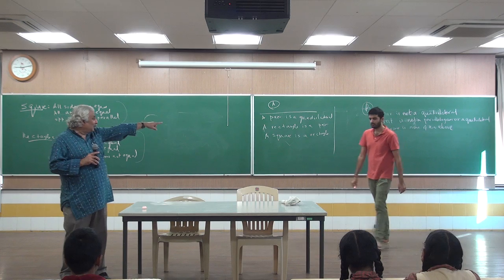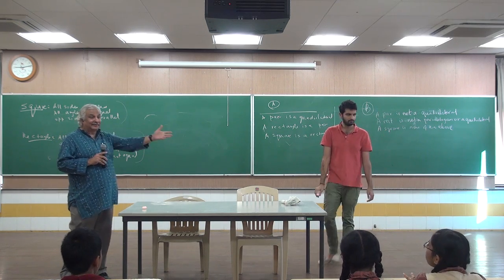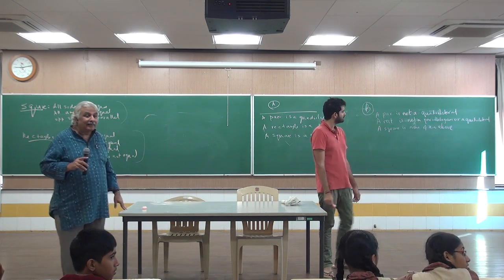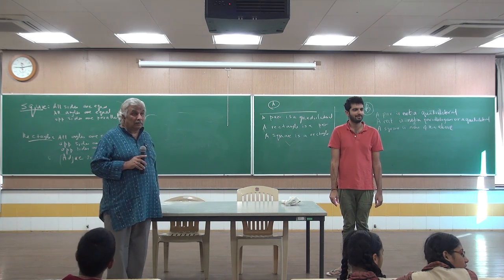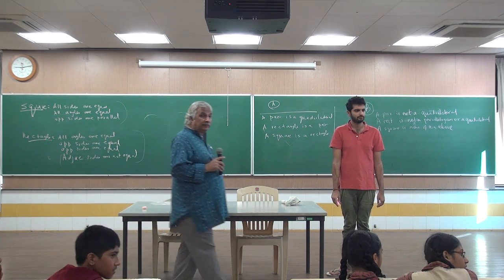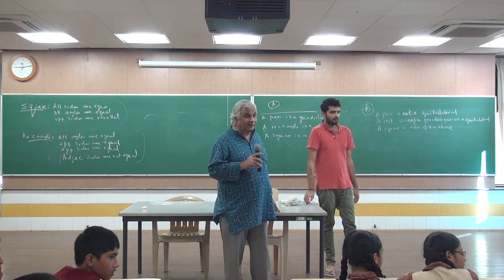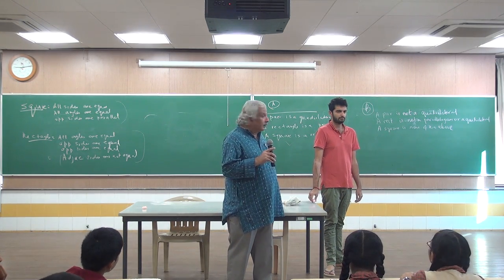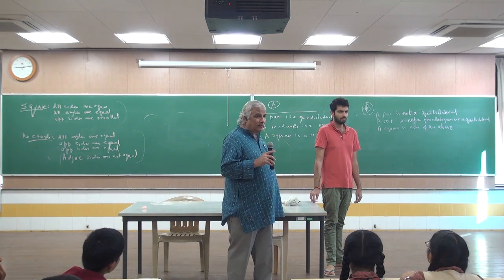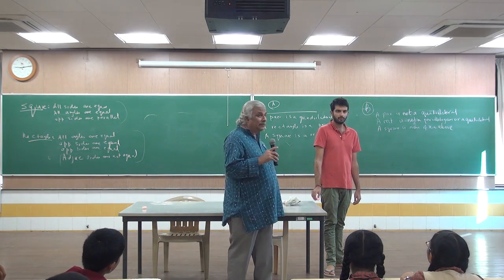Okay, now that's what we are saying, and this is what you're saying. A parallelogram should be a quadrilateral. No, we are saying no. But a quadrilateral should have 4 sides and the angles should sum up to 360 degrees, and a parallelogram has those properties.